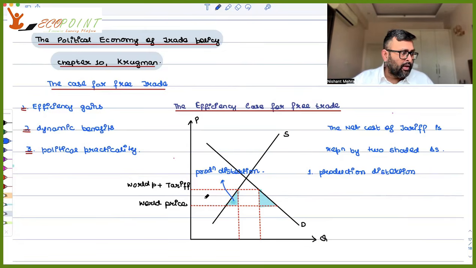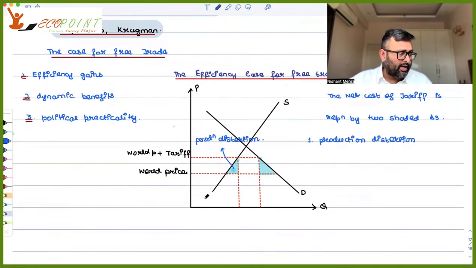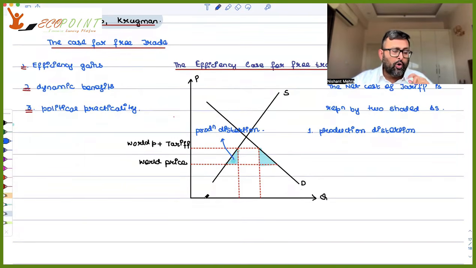One thing: this is inefficient. Why? Because the cost of producing these extra units at home is more as compared to the world price, as compared to the case when there was free trade, right? I could have bought them in the market at world price, but I'm producing them at world price plus tariff. You're getting what I'm trying to say?